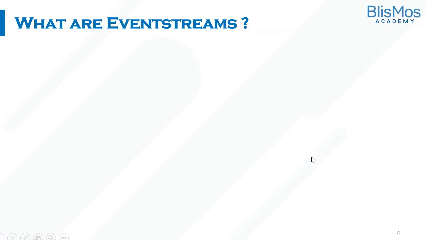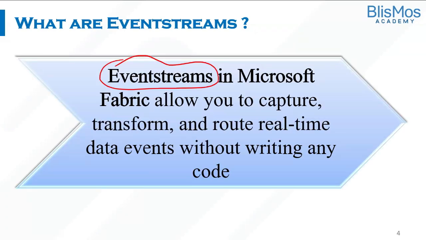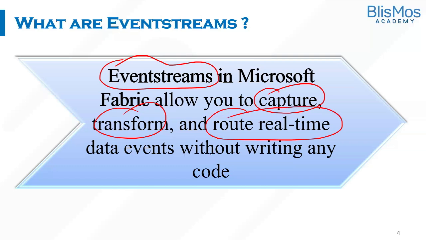Very good. So event stream is one of the modules within the real-time analytics platform of Microsoft Fabric. These event streams allow you to capture the data, transform the data, and route the data without writing any code.